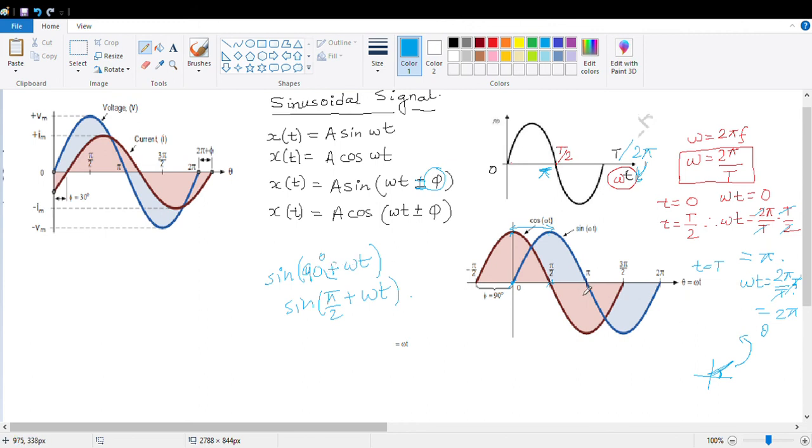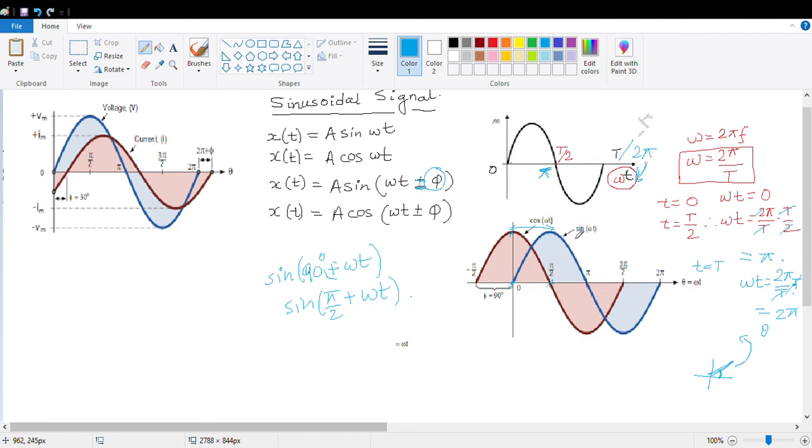Now suppose these signals occur after 90 degrees, it will become a cosine again, but with a 90 degree lag.